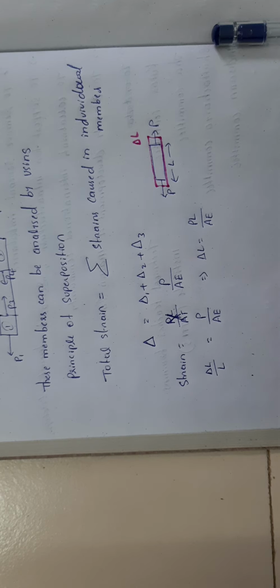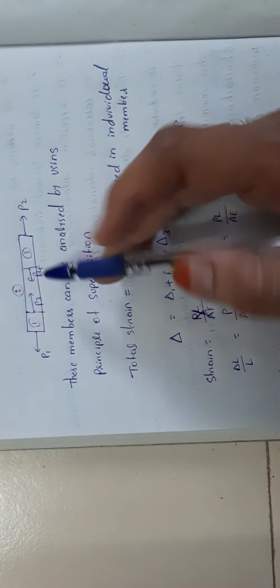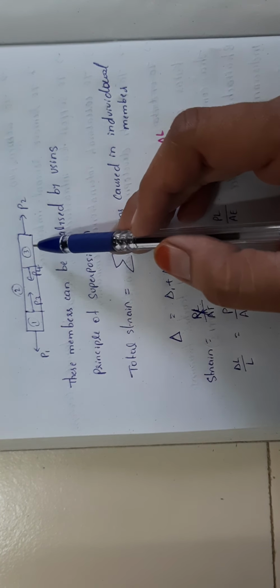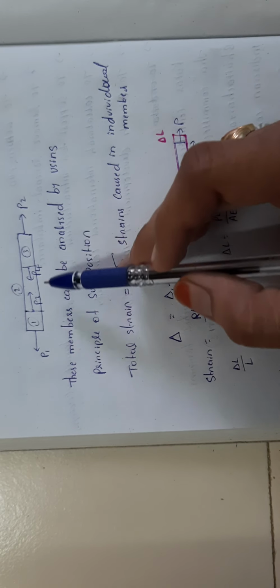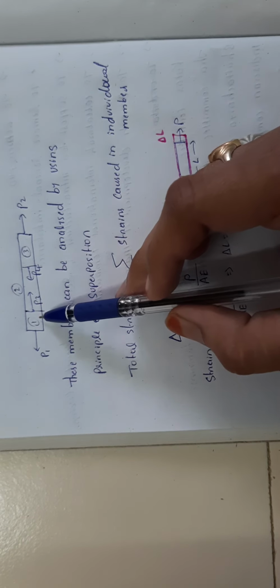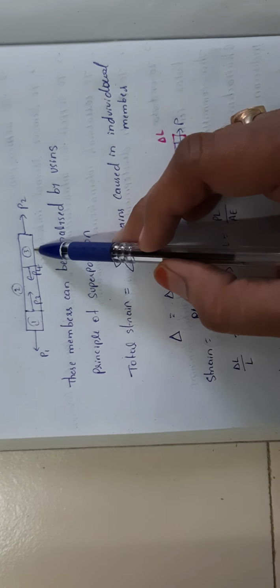Now if you observe this bar, there are three sections, right? So the total change in length in the bar can be taken as the change in length in bar 1 plus the change in length in bar 2 plus the change in length in bar 3.